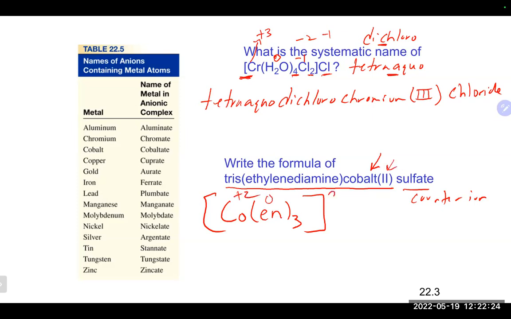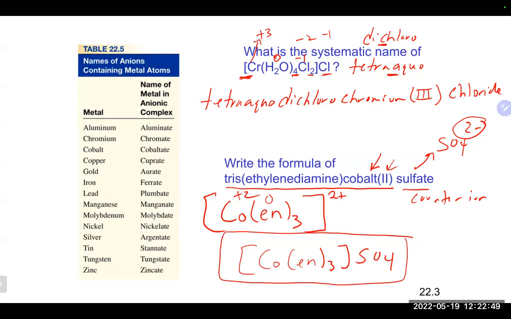The overall charge on the complex ion is +2. The reason that's important is now when I look at my counter ion, which is sulfate, I just need 1 of those, right, to balance it out. So that would give me a coordination compound that looks something like this.